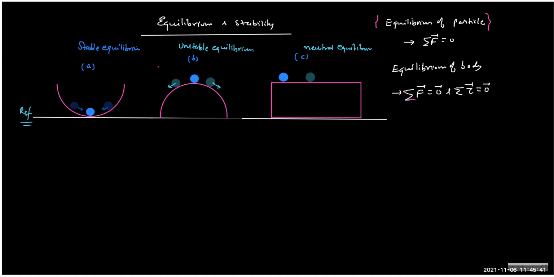If this is the reference, then in which case the body is at rest and having some potential energy. So the potential energy you have to check is the lowest, highest, or in between, or constant. Lowest.